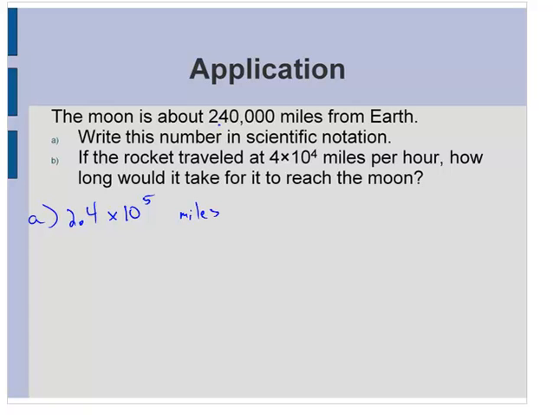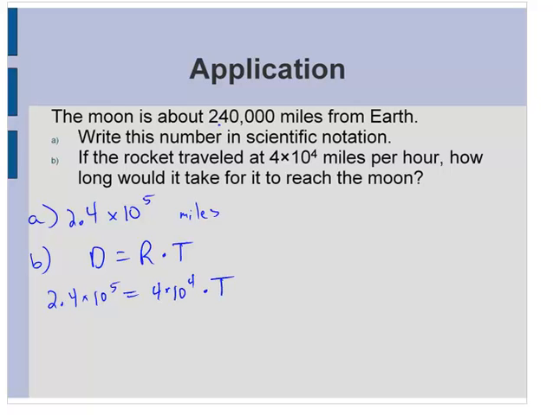If a rocket traveled at 4 times 10 to the 4th miles per hour, how long would it take for it to reach the moon? All right, well, if we recall that distance is equal to rate times time, distance is 2.4 times 10 to the 5th. The rate is 4 times 10 to the 4th.